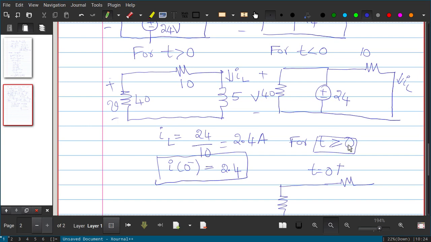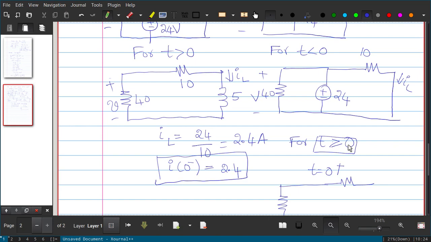We have discussed that if you consider an inductor which is carrying some certain amount of current, and you change the condition of the circuit, the current through the inductor will not change instantaneously, because the inductor resists abrupt change in the current.